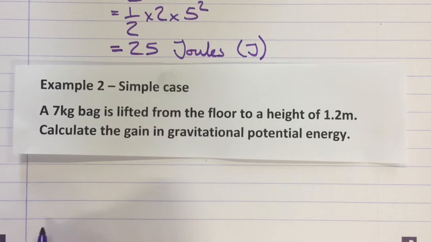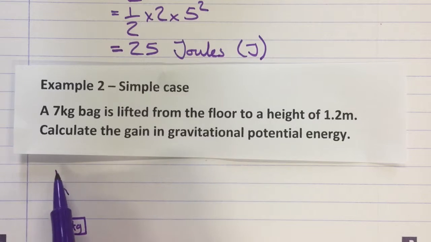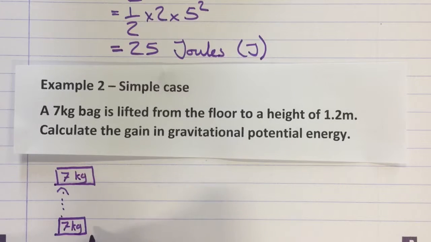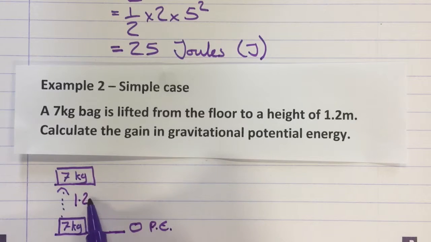What I'm going to do here is draw my object, which is 7 kg, and I'm going to lift it up to here. It's still 7 kg. The reason why a diagram's a little more important here is we need to define this as our zero potential energy, or our zero height. And so we've got a height here of 1.2 meters.